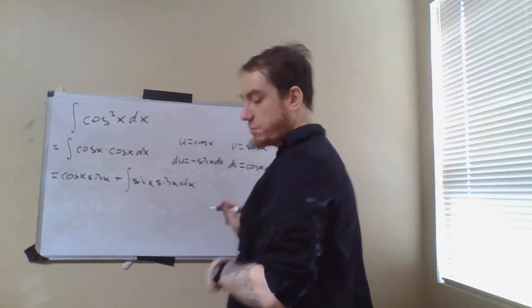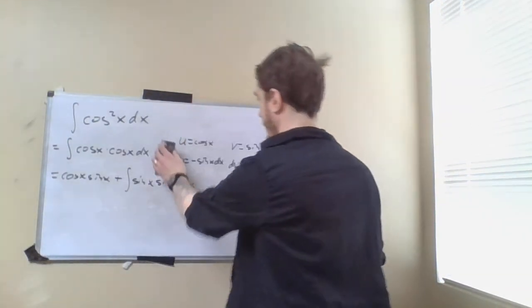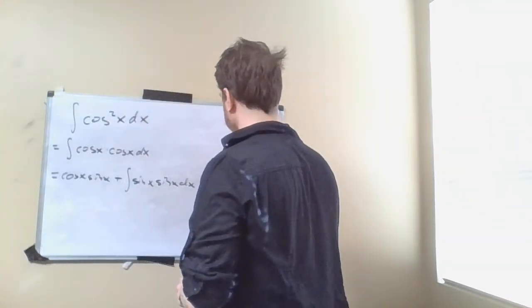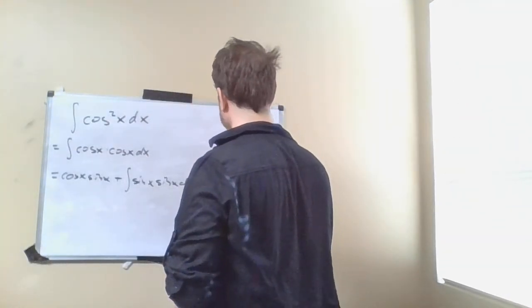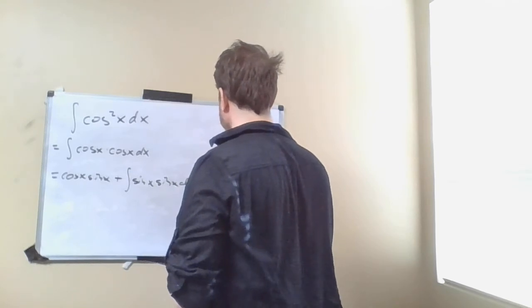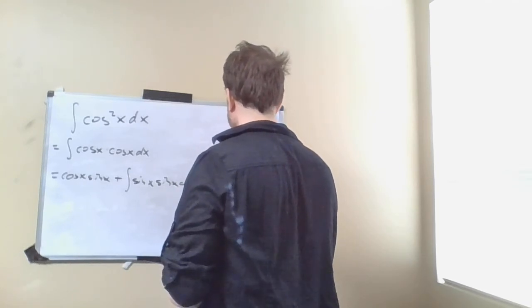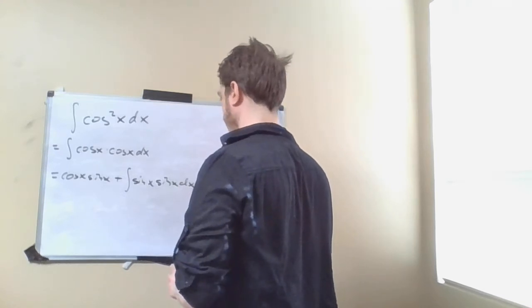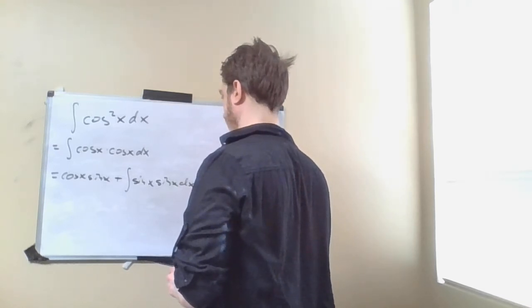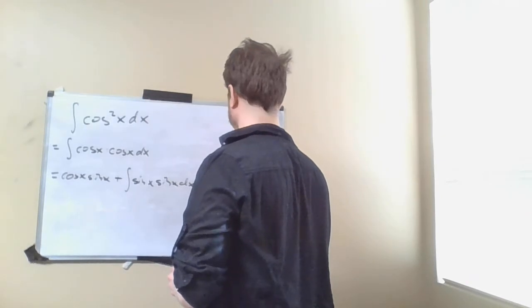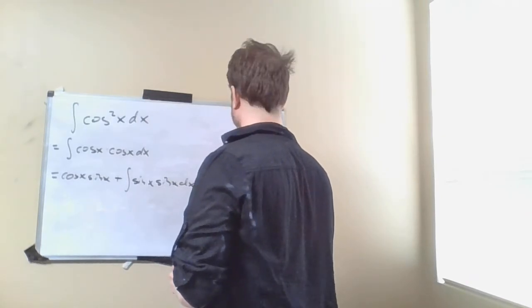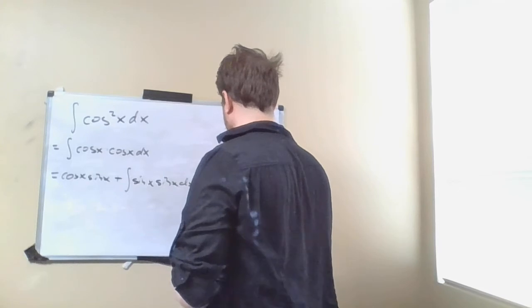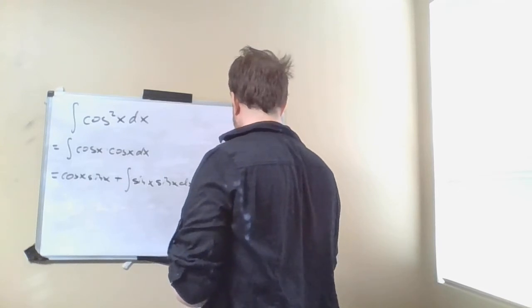But what I can do at this point is I can say, okay, now I'm going to play the same game here. I'm going to take u1 is equal to sine x. That makes du1 equal to cosine x. Then I'm going to take dv1 to be equal to sine x dx.